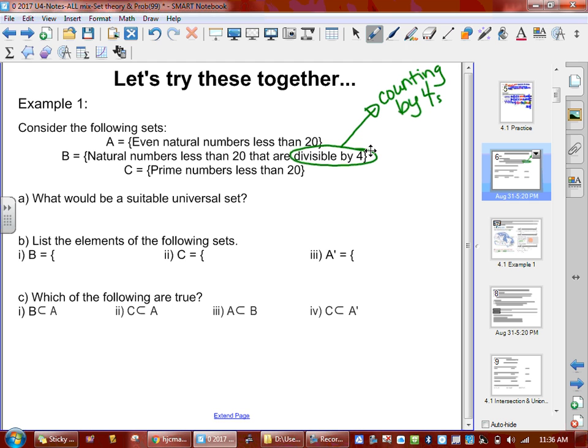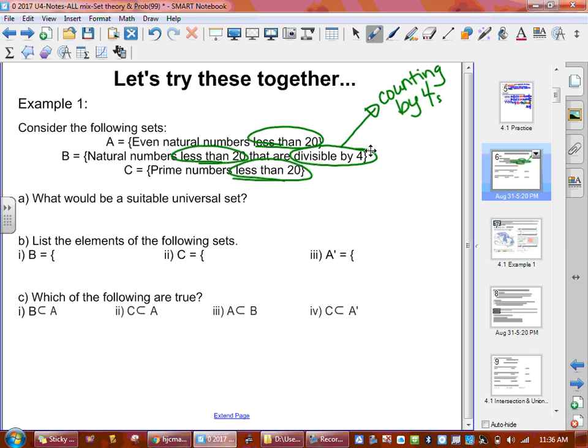So if I've got numbers less than 20, less than 20, and less than 20, that's what they're saying in every set. What would be a good universal set?